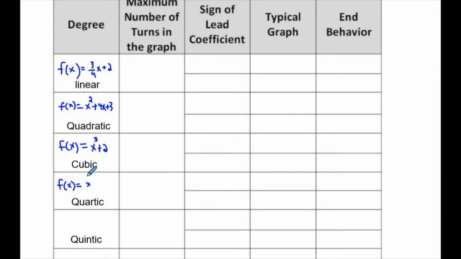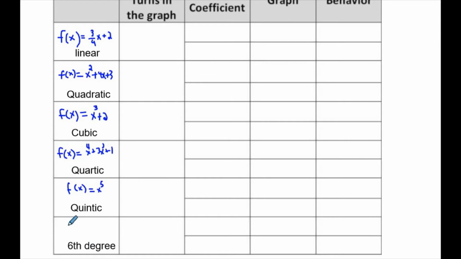So your quartic function could have a 4 here and then have other terms in the middle, for instance. Like you could have a square and then you could have a constant. And then so on. A quintic is going to have a 5 as an exponent. And then we went up to 6th degree, because at that point, it does get a little bit redundant, and you're going to start seeing patterns at that point.